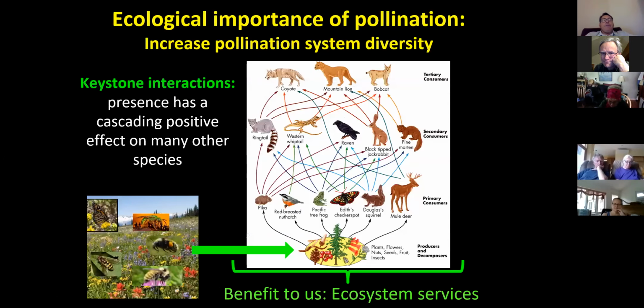If we flip things to the ecological importance of pollinators, this is where our idea of a pollination system comes in, where it's the native plant and the native pollinator together. And together, those interactions are called keystone interactions. Why? Because those interactions are supporting diversity at other what are called trophic levels. So we've got our diversity of interactions. We've got our butterfly pollinated plants, our long and short-tongued bee pollinated plants.